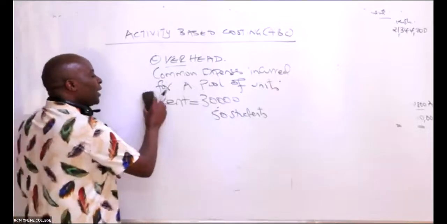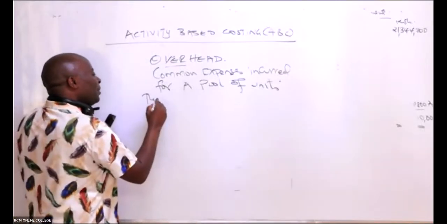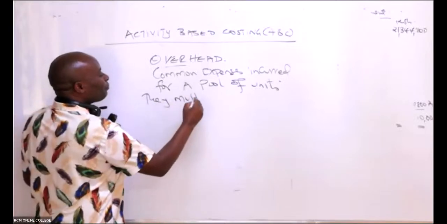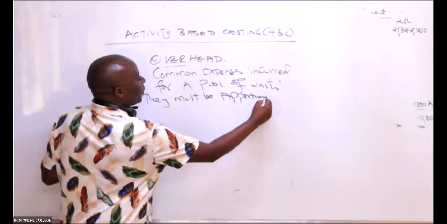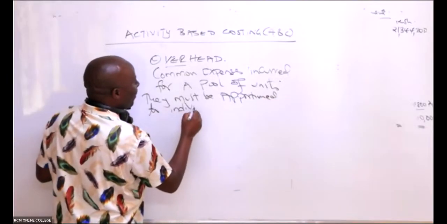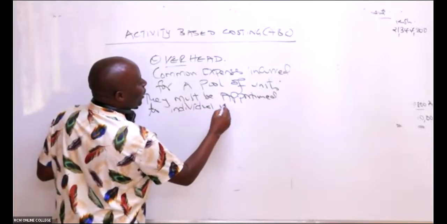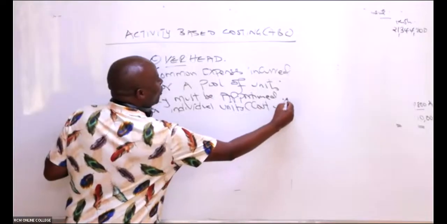At the end of the day, these overheads must be apportioned to individual units, what we basically call the cost units.